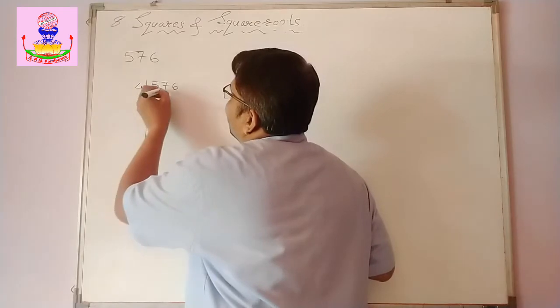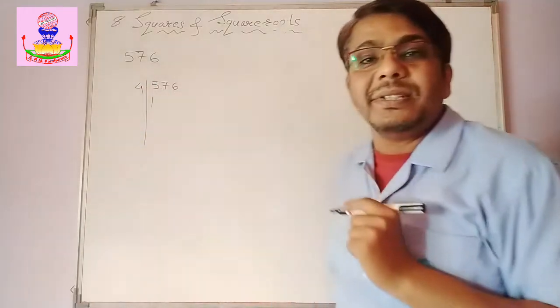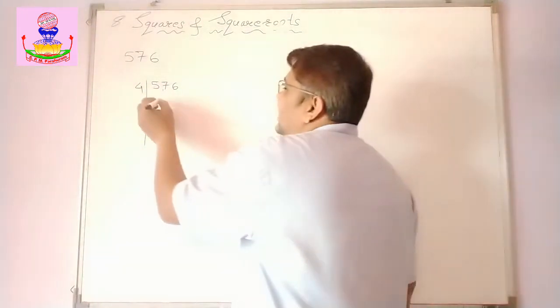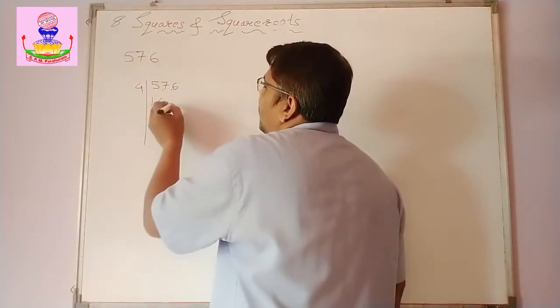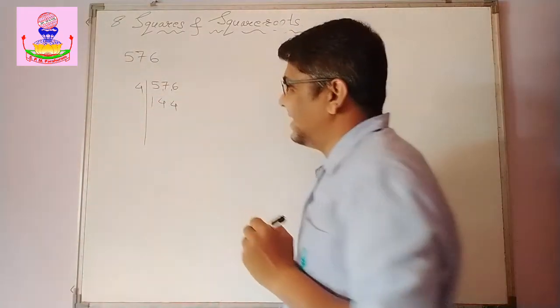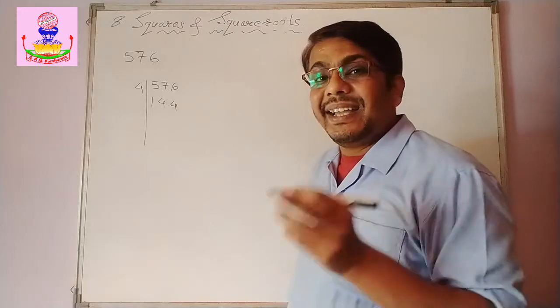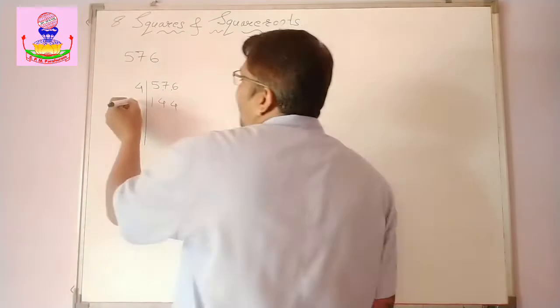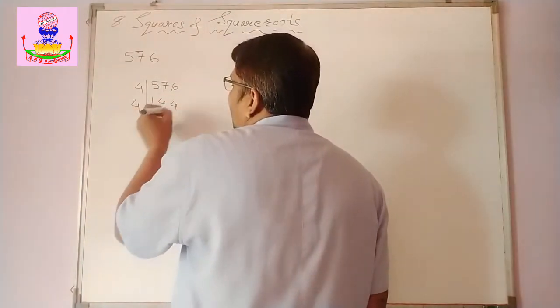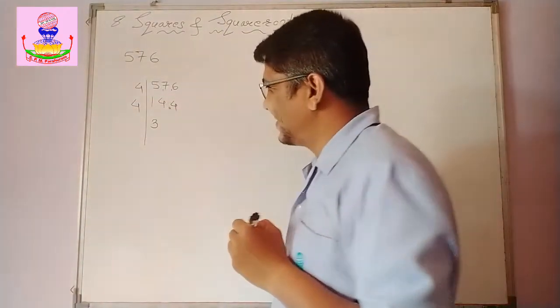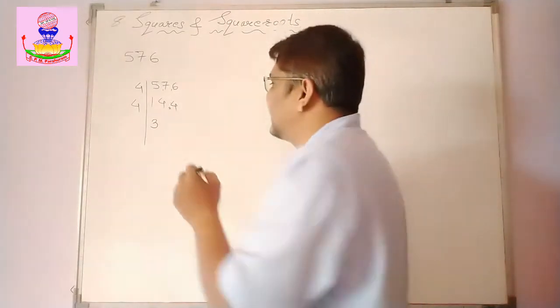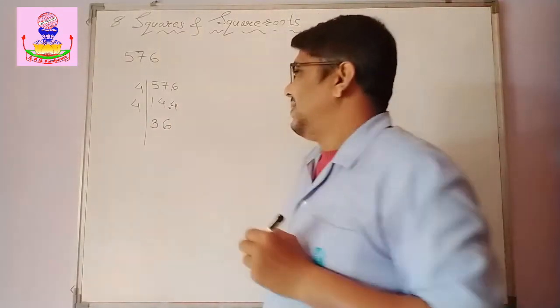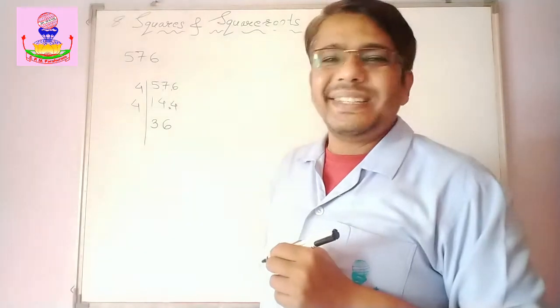Okay, so I am starting with 4. 4 1s are 4, 1 carry on, 1 remainder. So 17, 4 4s are 16, one remainder. 4 4s are 16. Again divide with 4 only. Okay. So 4 3s are 12. 4 6s are 24.